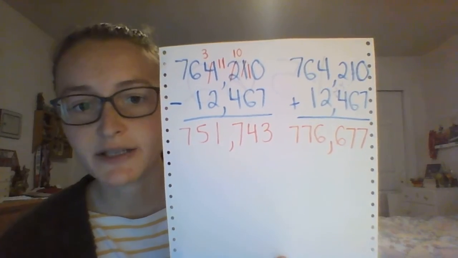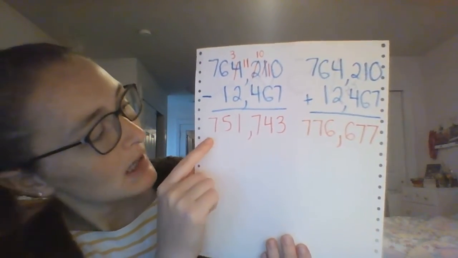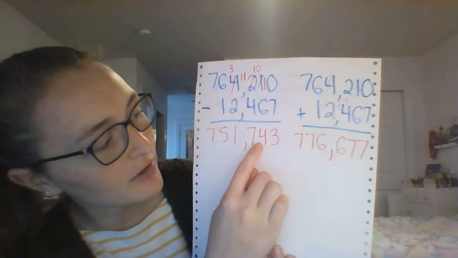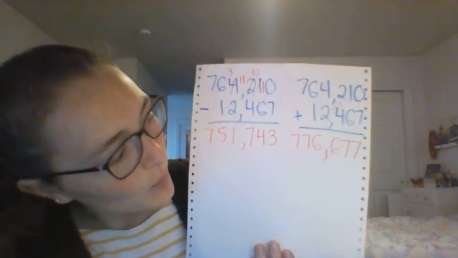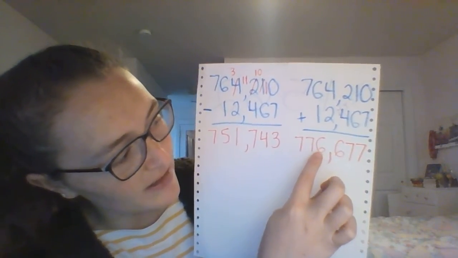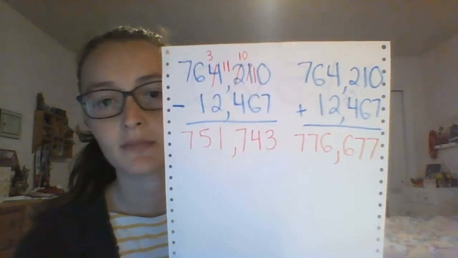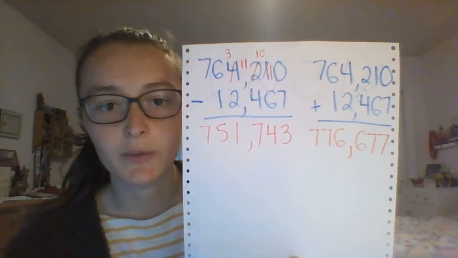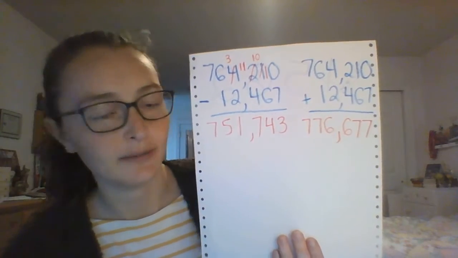Alright, and here are our answers. Our difference, or subtracting them, made 751,743. And our sum was 776,677. And you will notice when we had to subtract, we had to do a lot of borrowing.